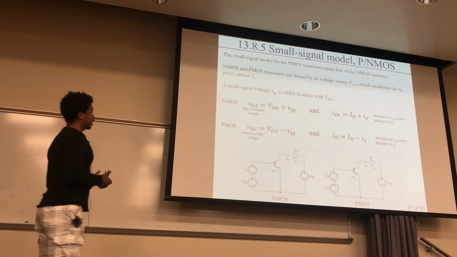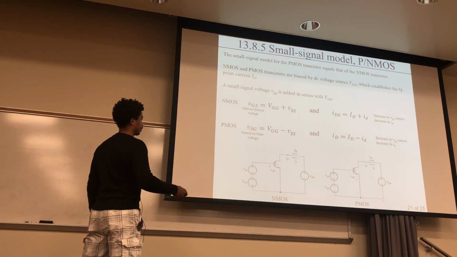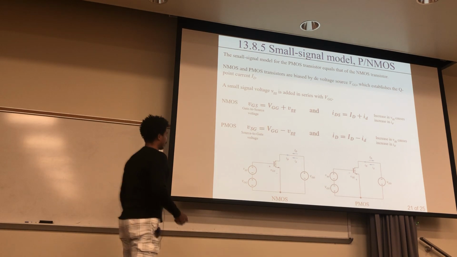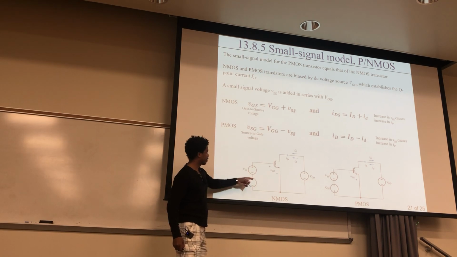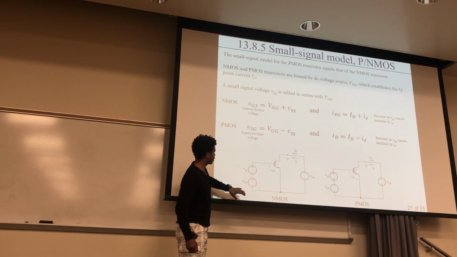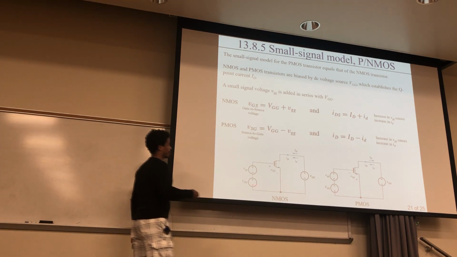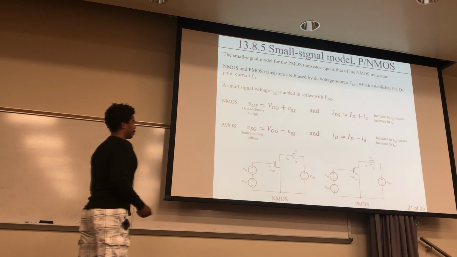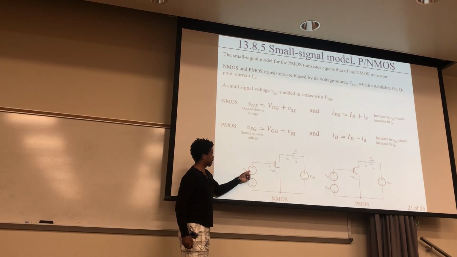In both cases, here's the NMOS and here's the PMOS. They both have this DC, and they both have this small signal added onto that in series. This is like this, except this is inverted over here.